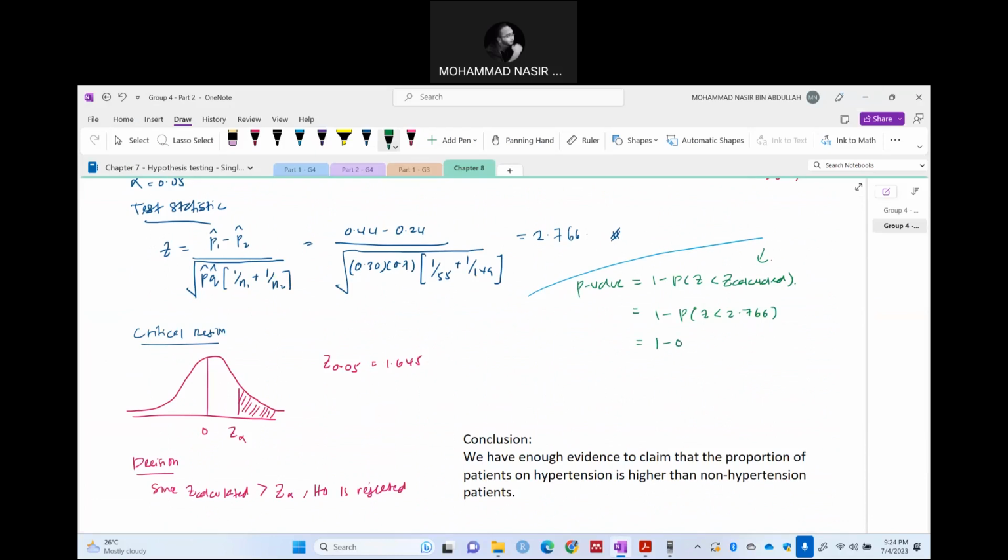So 1 minus 0.9971 should be equal to 0.0029. So since the p-value is less than alpha 0.05, the null hypothesis is rejected. So this is by using the p-value approach.